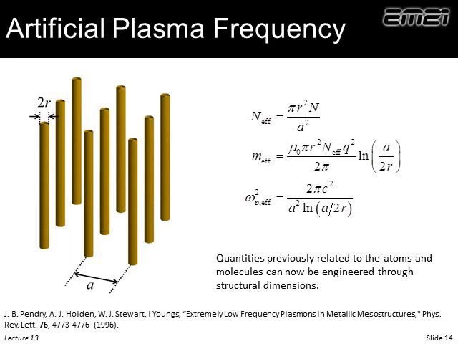So in fact, an array of wires has what we call an artificial plasma frequency. However, now we can control where that plasma frequency is through different structural parameters. So that's very neat. We can't engineer too much the size and shape of the atoms. They are what they are. But here we can engineer the physical features to place that plasma frequency wherever we want it.